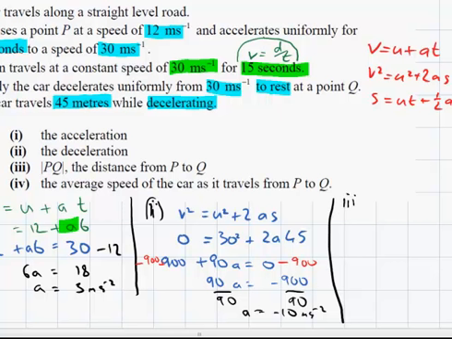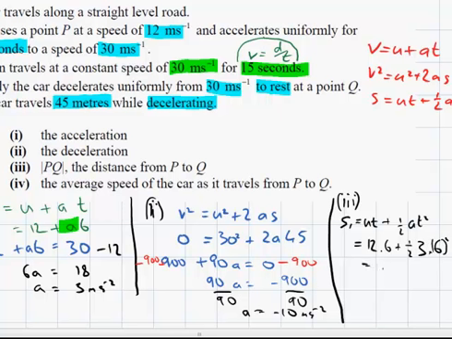Now, third part is the complete distance from P to Q. In order to do that, we need to know the distance for the first section. So s1 is equal to ut plus a half at squared. We've got all of these values now. The initial velocity was 12 times 6, plus a half, the acceleration we worked out to be 3, times 6 squared.